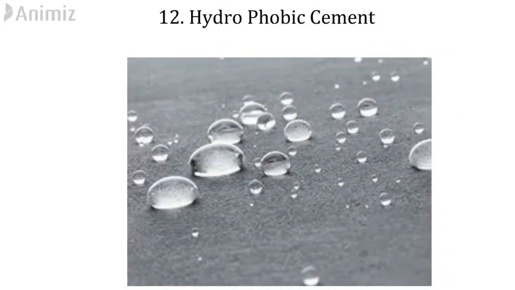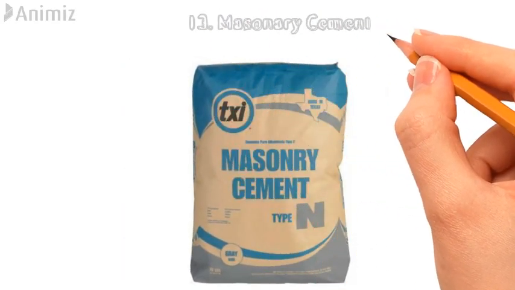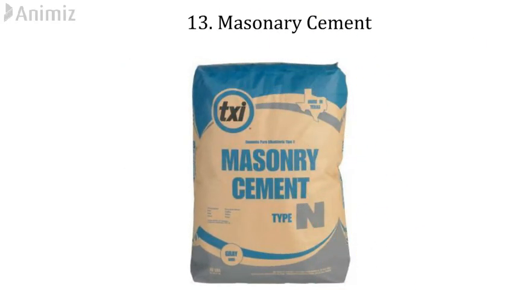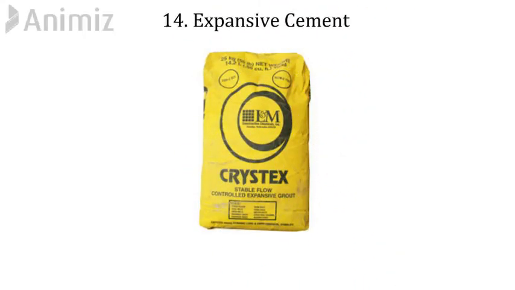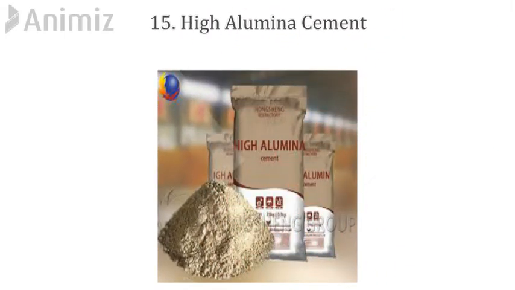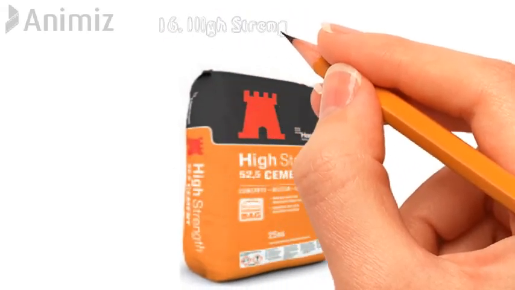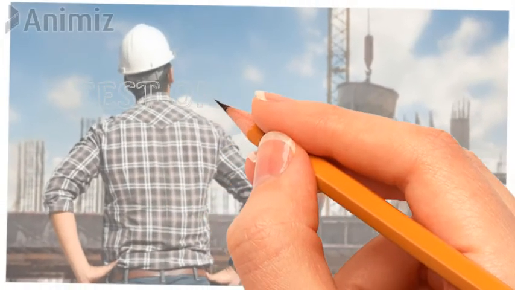There is hydrophobic cement. Then there is also masonry cement, in which sand is already mixed. Then there is expansive cement. There is also high alumina cement. And nowadays high strength cement is also being used.